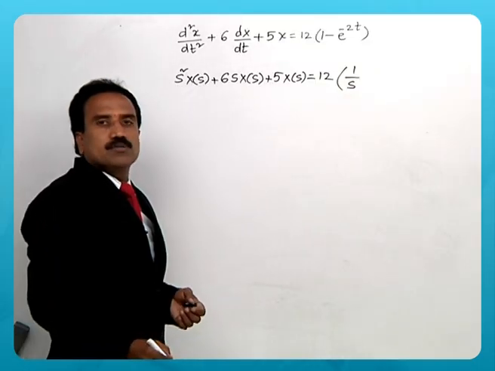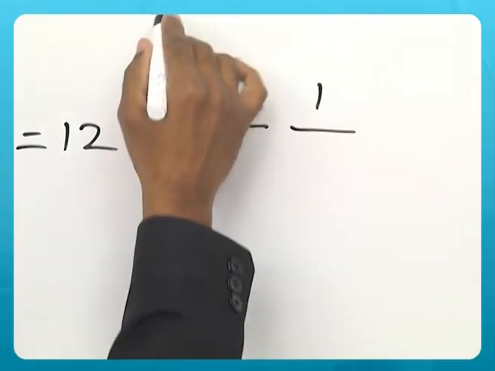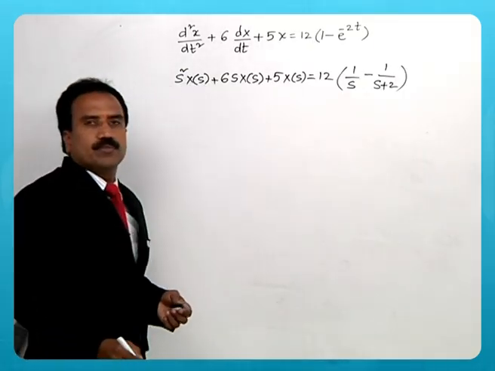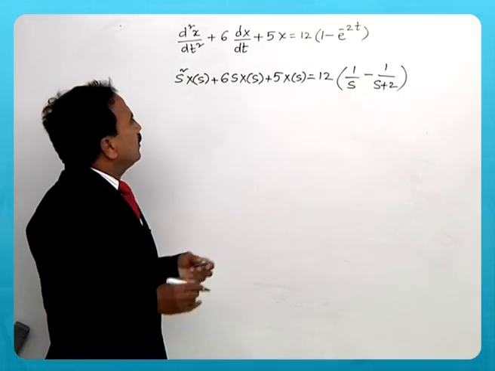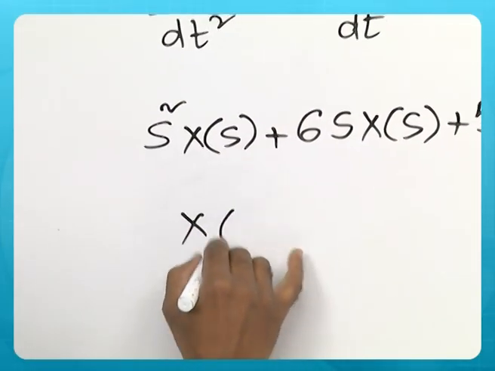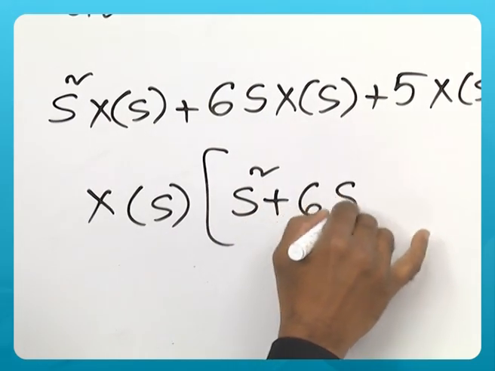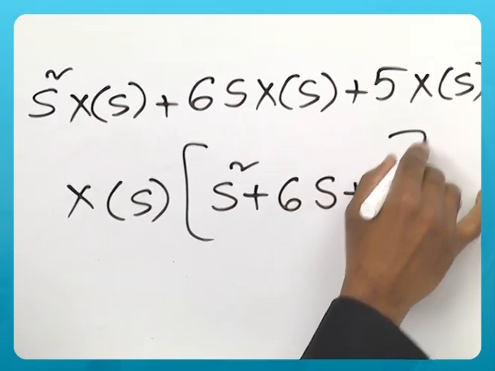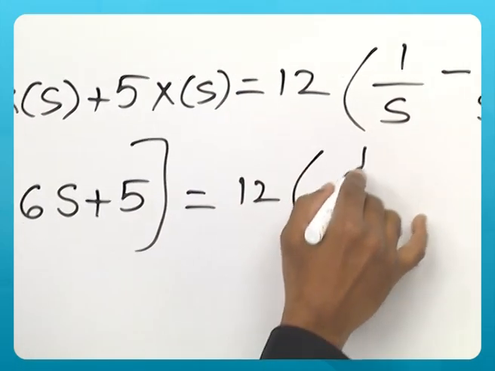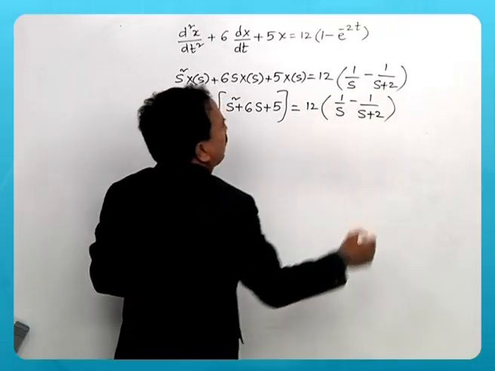The Laplace transform of 1 is 1 by s, and e power minus 2t is 1 by s plus 2. So, applying Laplace transform and then separating x of s, s square plus 6s plus 5 is equal to 12 into 1 by s minus 1 by s plus 2.